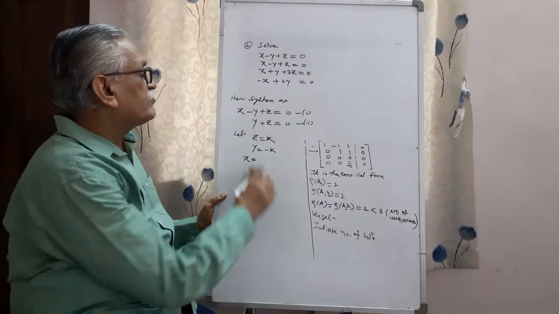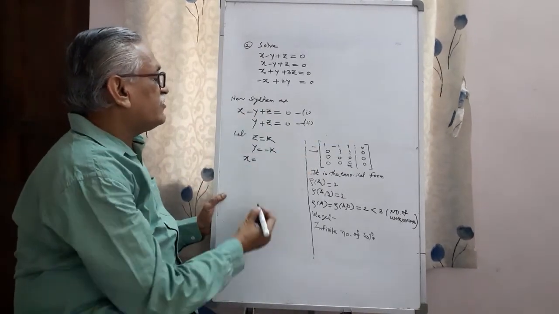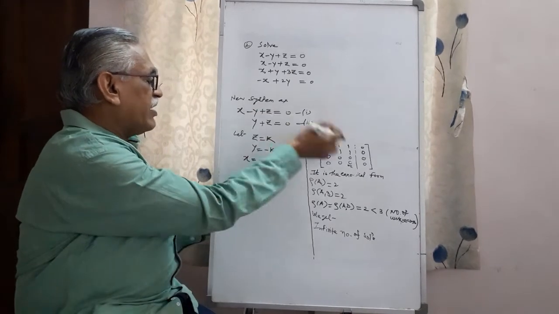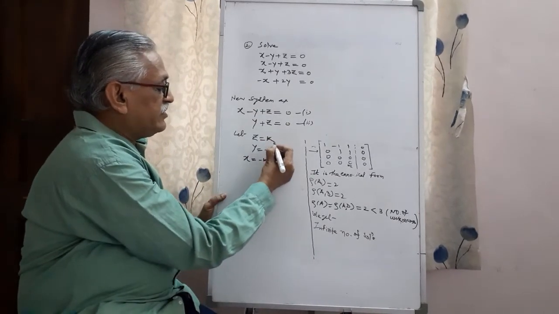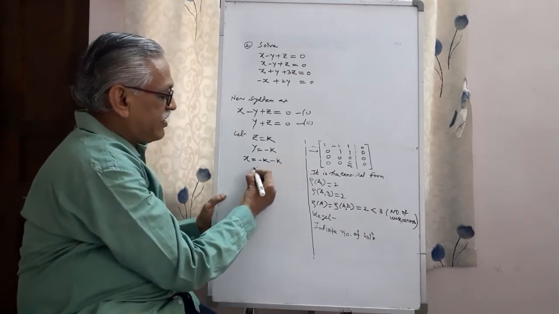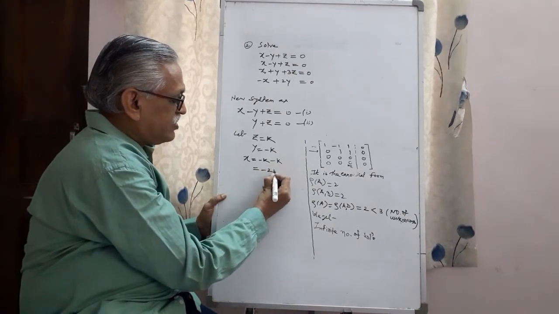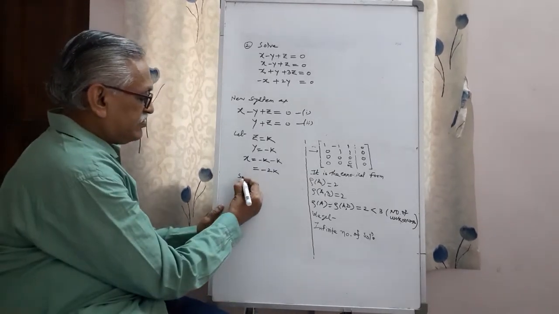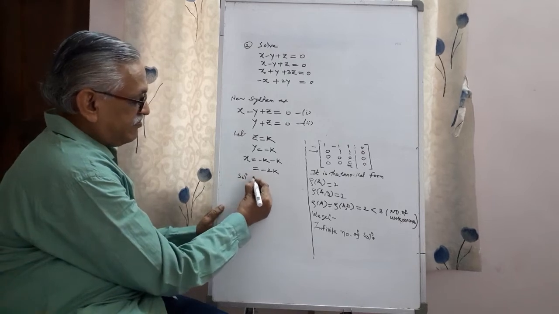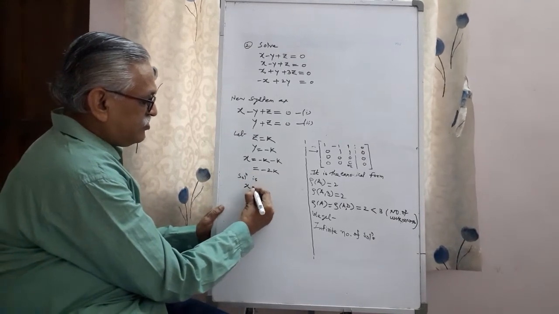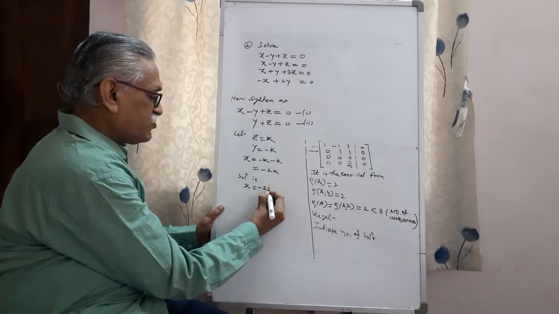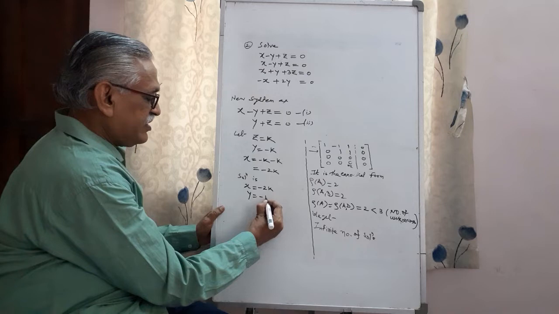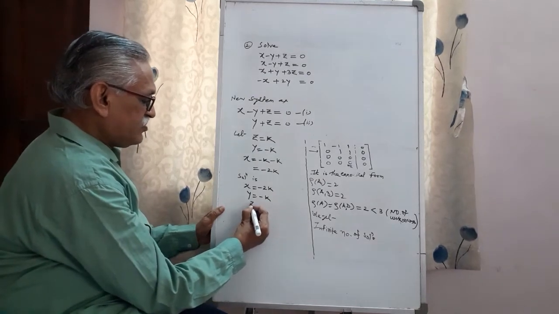X is equal to, transferring to the right hand side, plus y. Y is minus k, minus z, and z is k. Therefore, minus k minus k, which is minus 2k. And therefore, the solution is x is equal to minus 2k, y is equal to minus k, and z is equal to k.